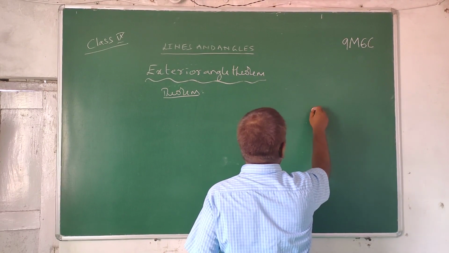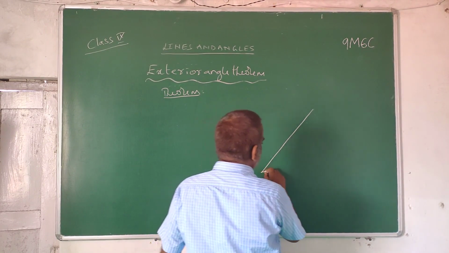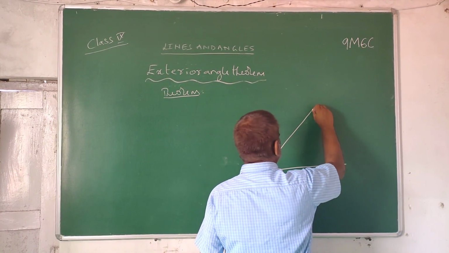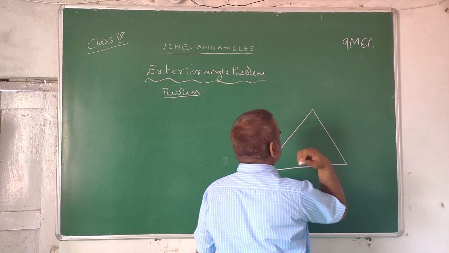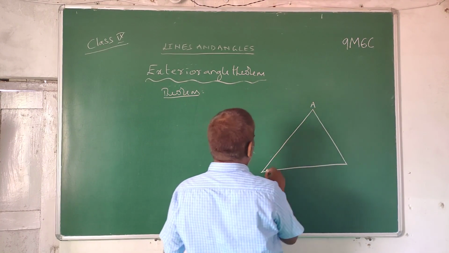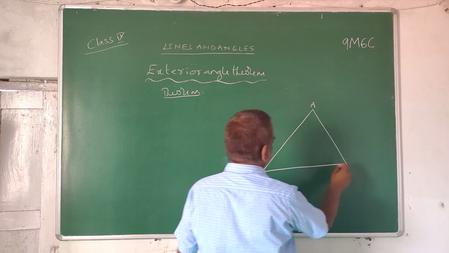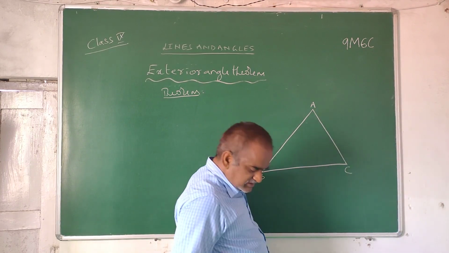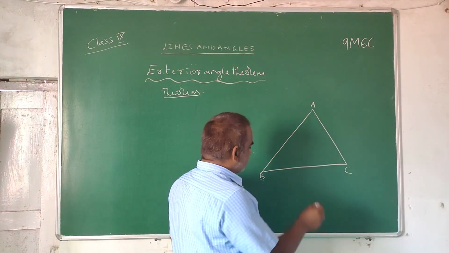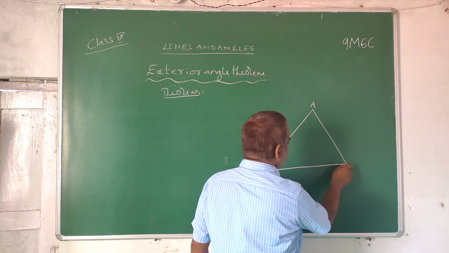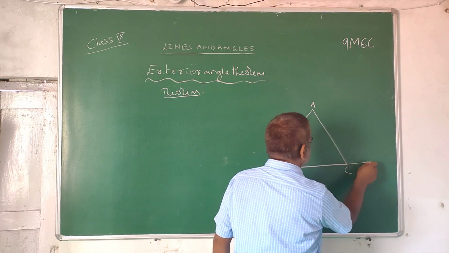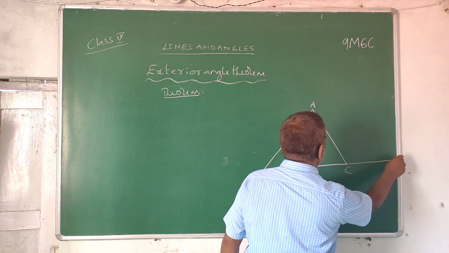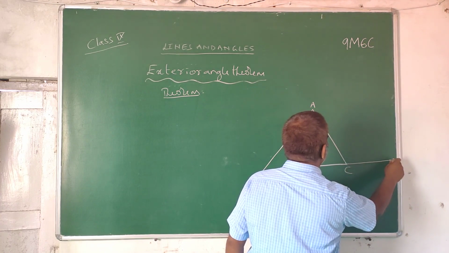So now take this triangle ABC. Right? Now we are producing BC to some extent D. Okay?